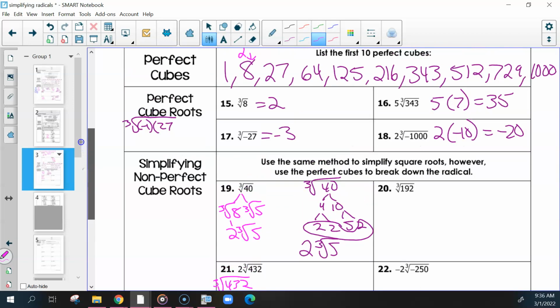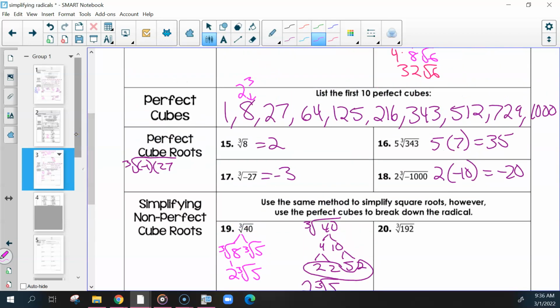The cube root of 216 is what? I'm just writing this in so that we know what these are. That's 6, yeah.